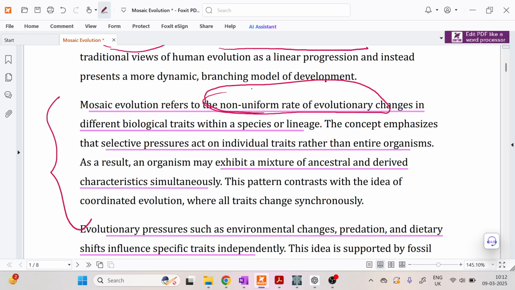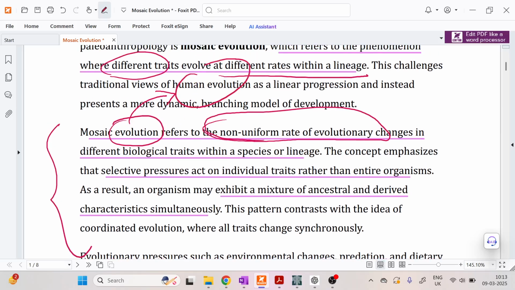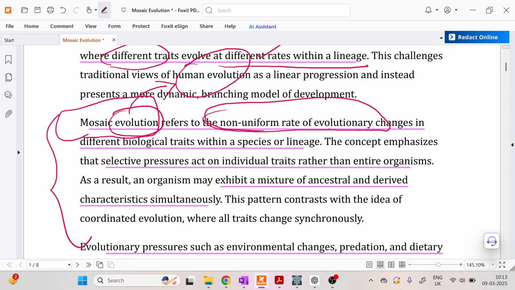Again, if evolution is happening, it is the transition of a particular species to one with better characteristics. Better characteristics here means those that help that species survive the onslaught of time. So in this model, the evolutionary changes are non-uniform, unsynchronized, and occur at non-uniform rates in different biological traits.